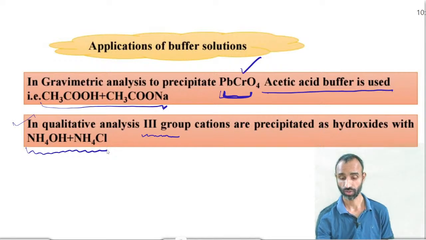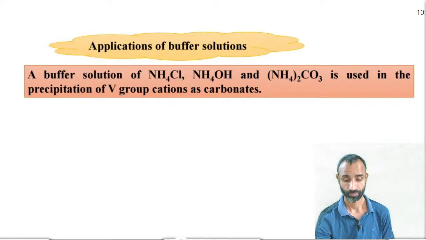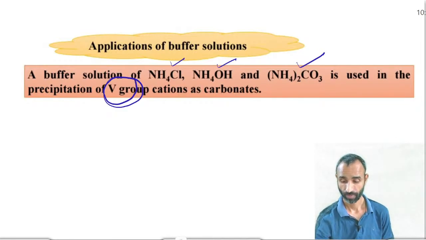That is also a buffer solution, and here group 3 elements are precipitated in the form of hydroxides. Ammonium chloride, ammonium hydroxide, ammonium carbonate are used in the precipitation of group 5 cations as carbonates.